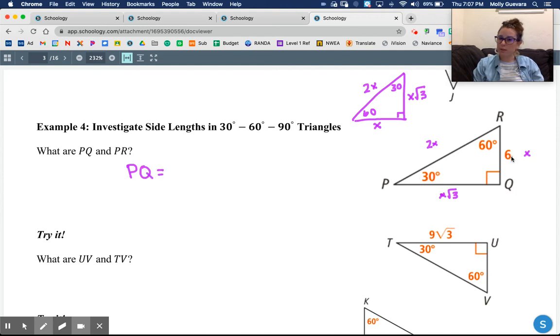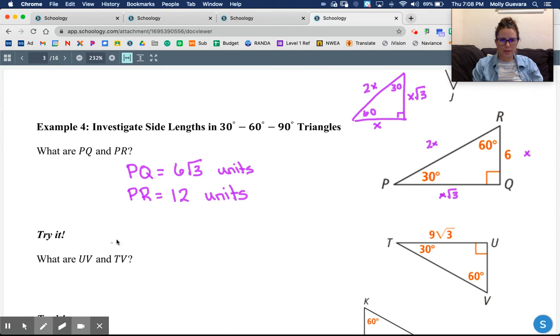I take my X value, which is 6, and plug it in right here. So PQ is 6 square root of 3 units. And then PR is 2 times X. Well, X is 6, right? So 2 times X is 12 units. So we're just using this pattern over and over again.